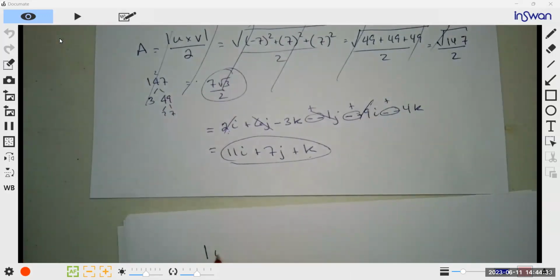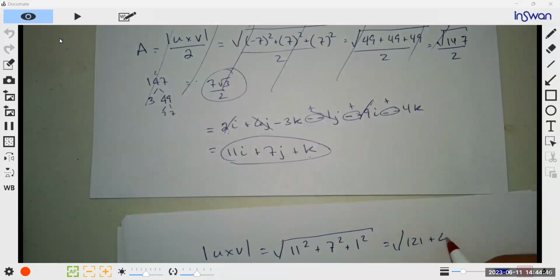Now we're going to find the magnitude. 11 squared, 7 squared, 1 squared. 121, 49, 50, 171.